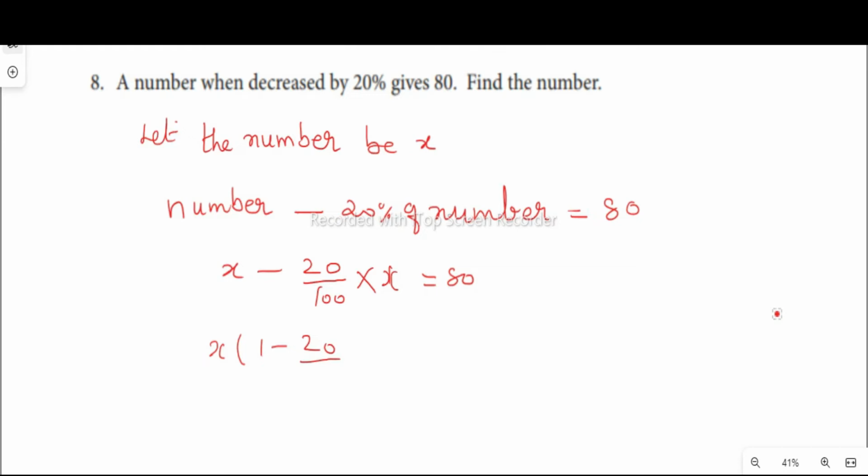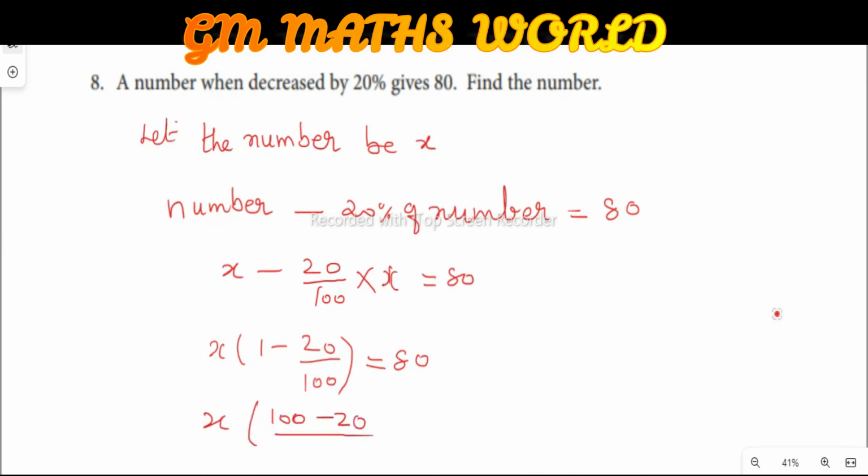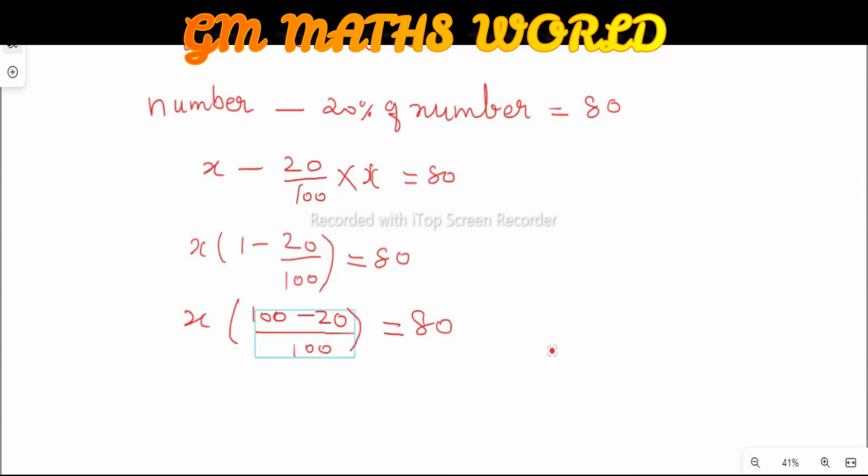Now 1 minus 20 by 100 is 100 minus 20 by 100. So x into 100 minus 20 by 100 equal to 80, and x into 80 by 100 equal to 80.